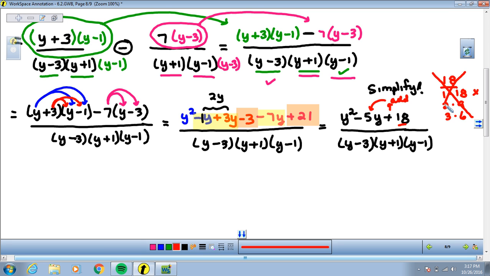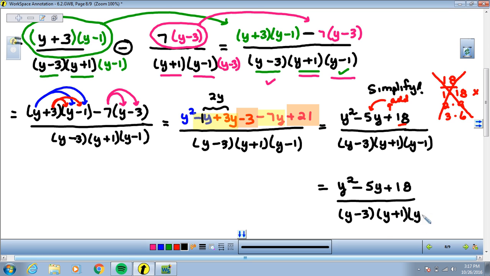There are not, so that means you cannot simplify it, and thus your final answer stays the same: y squared minus 5y plus 18 over my least common denominator, which is y minus 3 times y plus 1 times y minus 1. And this is the end. Okay, so we are finished.